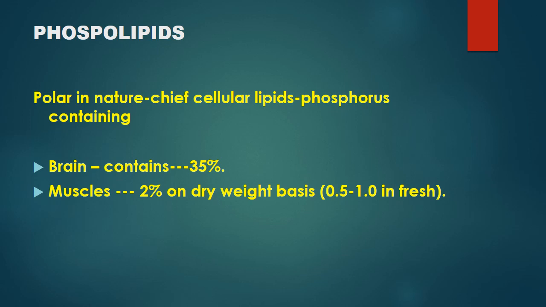Phospholipid in the membrane has a very important function. Particularly the brain contains a very high amount of phospholipids, almost 35%, and muscles have 2% on dry weight basis, whereas every cell membrane has phospholipid.